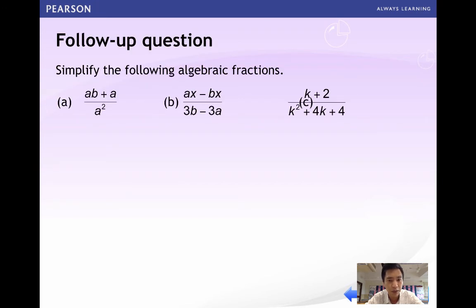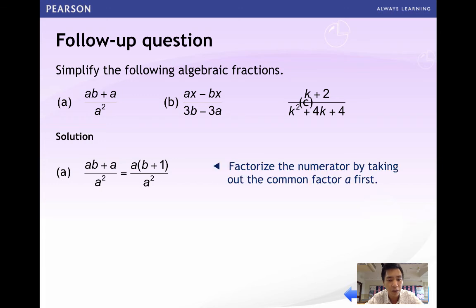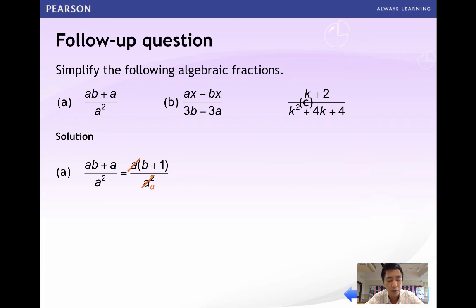Now look at some of the questions here. For part A, ab plus a over a squared, factorize the numerator. And then for a and a squared, you can find the common factor and eliminate a. You get a as the denominator. So the answer will be b plus 1 over a. For part B, for the numerator, we can try to factorize as x times the bracket of a minus b.